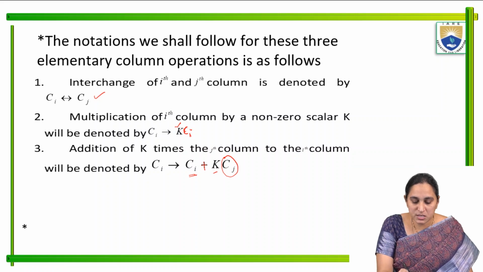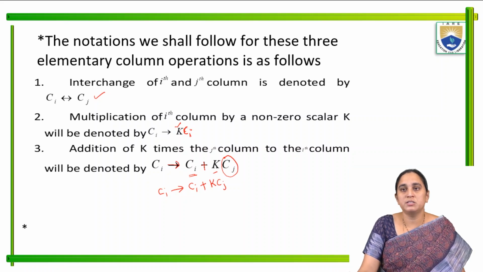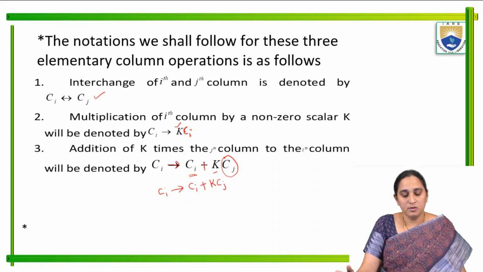Then the change is in Ci. That means Ci changes to Ci plus k into Cj. Okay, these are the basic three notations for the columns and rows.